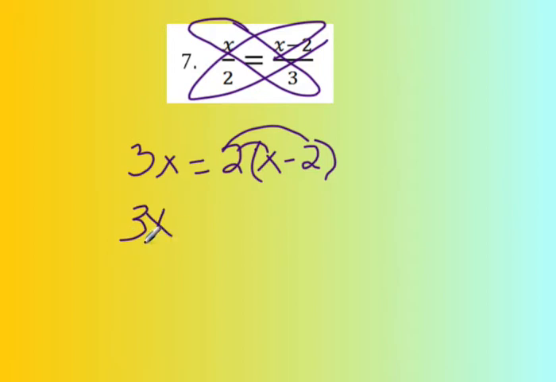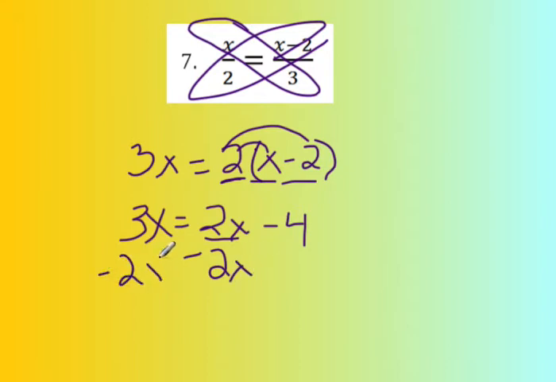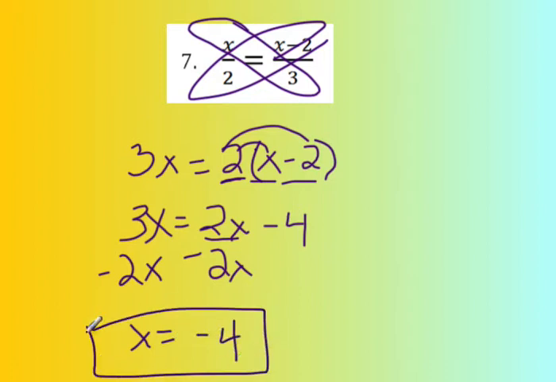So I get 3x is equal to 2 times x, which is 2x, 2 times negative 4, which is negative 4. Now this is a positive 2x, so to get it over to the other side, I have to subtract 2x. So 3x minus 2x is just x, and then you end up getting that x is equal to negative 4. So that's your final answer for number 7.